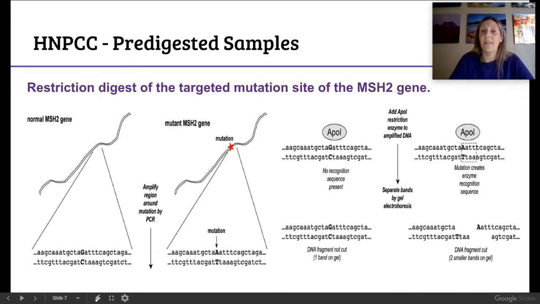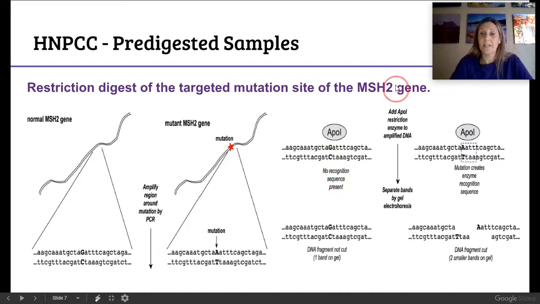And after we've done that, then we would go into a restriction digest. What a restriction digest is, we would use a specific enzyme. In this case, the name of the enzyme is ApoI. And what a restriction enzyme does is it looks in your DNA sequence to see if there's a specific sequence called a recognition sequence that it will cut.